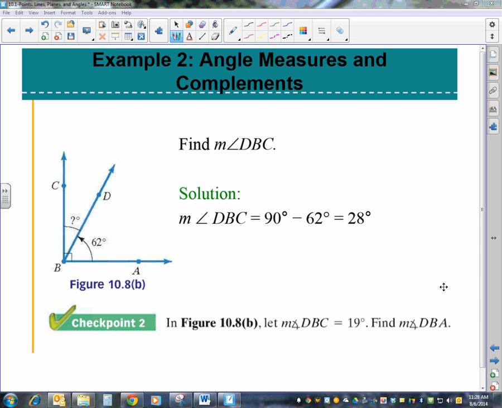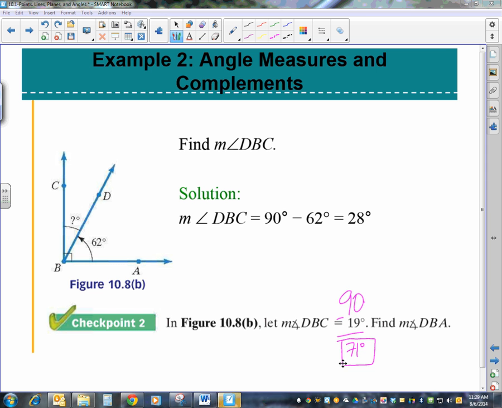So all I have to do is take 90 and subtract 19. Pull out your calculator if you don't know. It's 71 degrees. So the measure of angle DBA is 71 degrees.